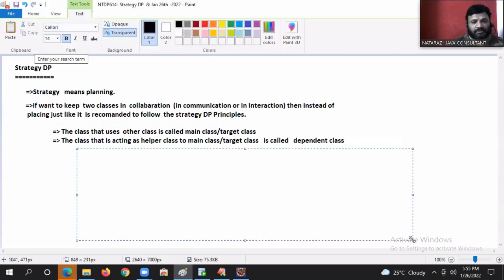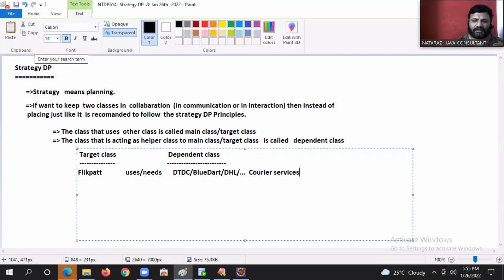Okay, boss. Now tell me here, Flipkart uses, or needs, DTDC, Blue Dart, DHL, etc., courier services. Flipkart is my target class, guys, and the courier services are my dependent classes.